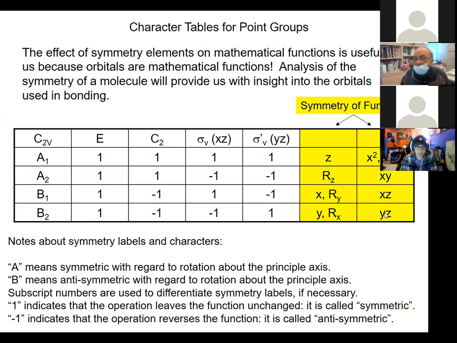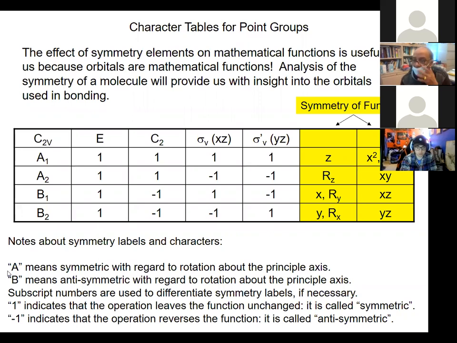Similarly, a yz means that double dumbbell is located in between the y and z axis. On the other hand, you can also have orbitals located along the axis. For example, you have dx squared minus y squared, which is the double dumbbell oriented along the x and y axis, not in between, but along them. Similarly, a dz squared orbital is the d orbital that is oriented along the z axis.